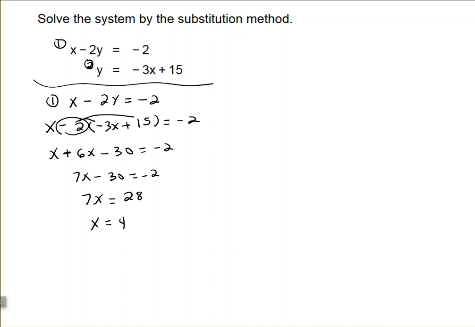Now part 2, remember we have to have the x coordinate and the y coordinate. So now I need the y coordinate, which I can find by using equation 2, which says that y is equal to negative 3 times x plus 15. Therefore, y is equal to negative 3 times 4 because x is equal to 4, plus 15.